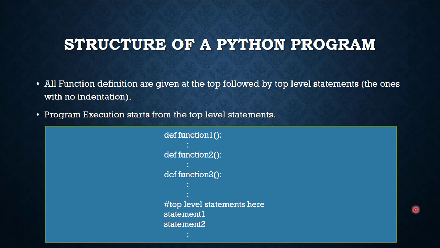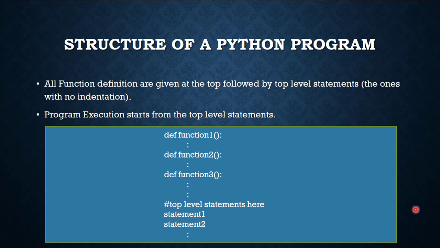Hello everyone. Till now we have seen how we can create our function definition, but we created all those function definitions in script mode. In this video lesson we will look at the structure of a Python program that contains functions created by us.